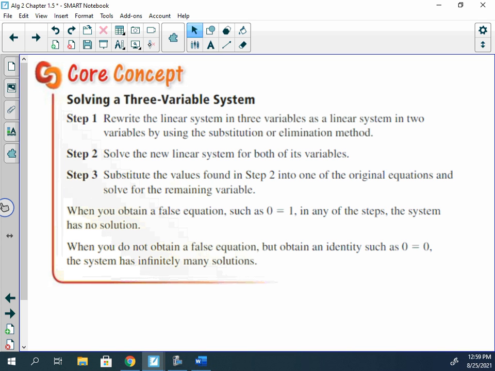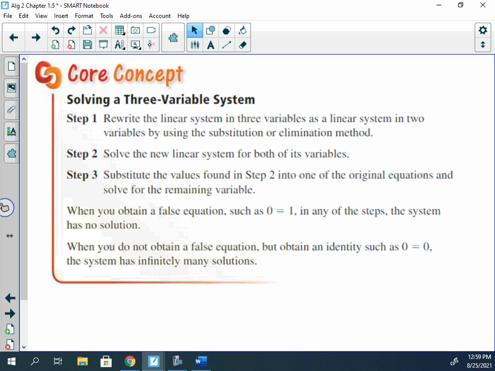Now, with these here, there are some steps that we can do and we're going to do to solve the system. The first main step is to rewrite the linear system in three variables as a linear system in two variables by using the substitution or elimination method.